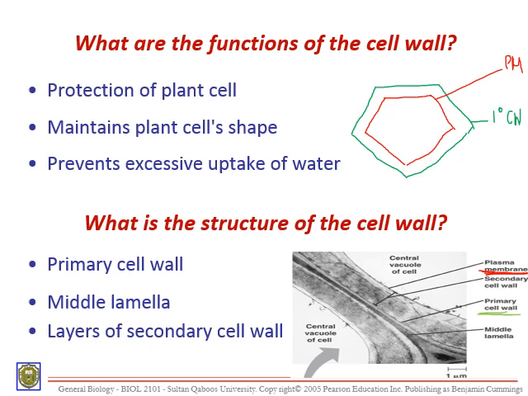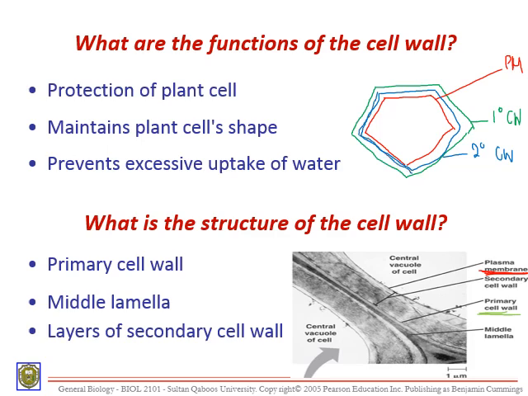And then as the plant grows older, it starts adding layers of secondary cell wall between the plasma membrane and the primary cell wall. This blue thing here, this is the secondary cell wall. This is seen in older plants, okay? When they grow older, they produce secondary cell wall, and it is produced in layers.